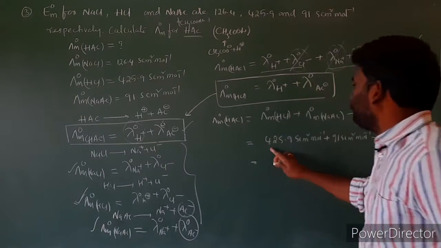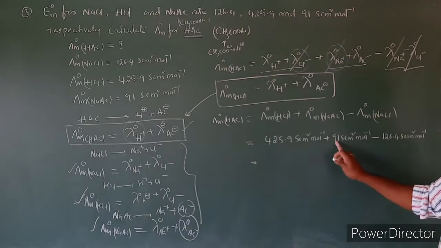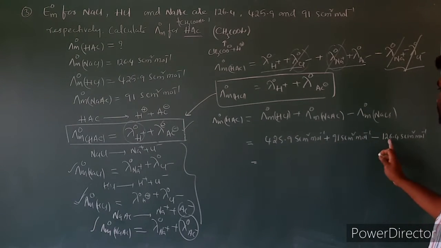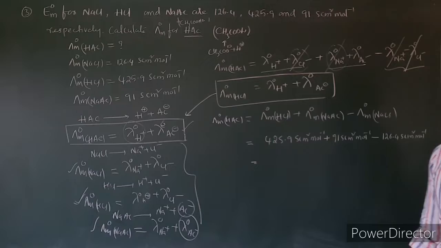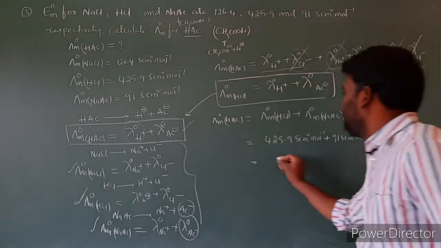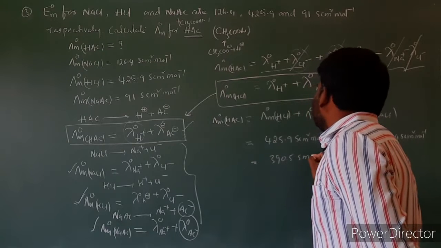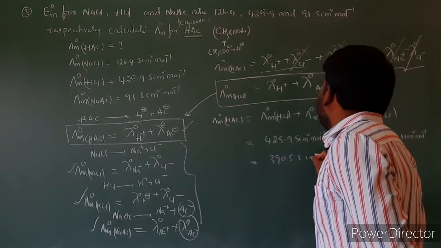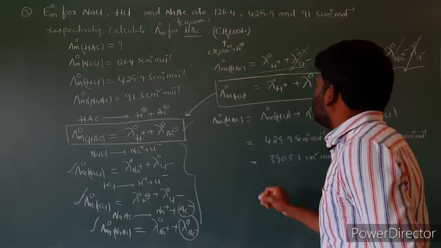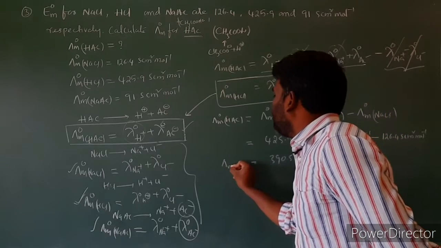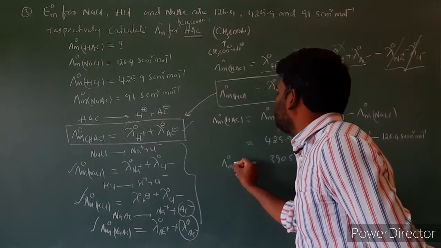So we have to add 425.9 plus 91, and subtract 126.4. Upon simplification we get 390.5 Siemens centimeter square mole inverse. So this is lambda m naught HAC.